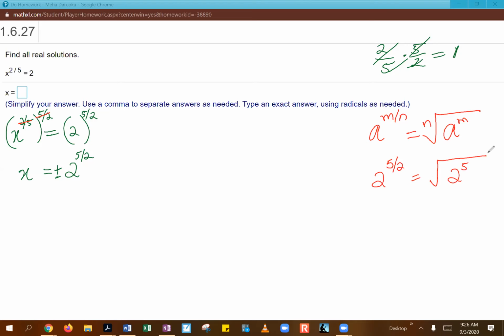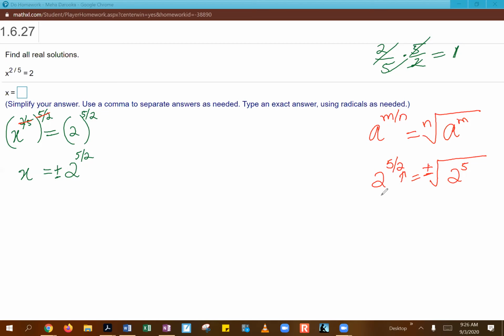Since this is a square root, remember with square roots, we always get one positive and one negative root. That's what they're talking about: when this bottom number is an even number, you are going to end up getting 2 solutions for your x value. That's why we're going to have a positive and a negative answer over here.